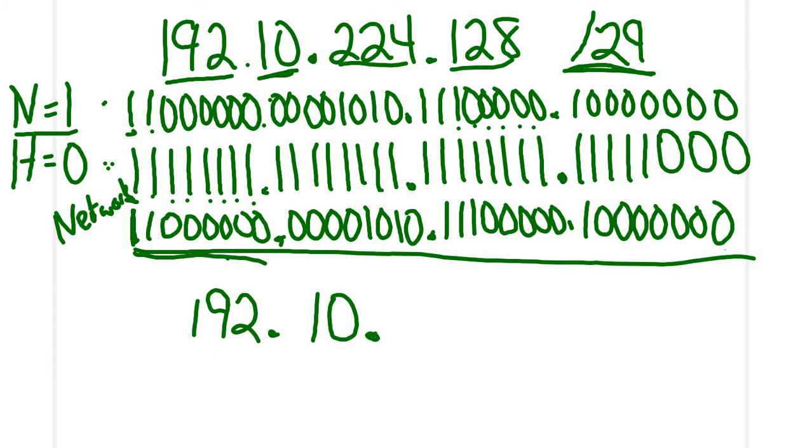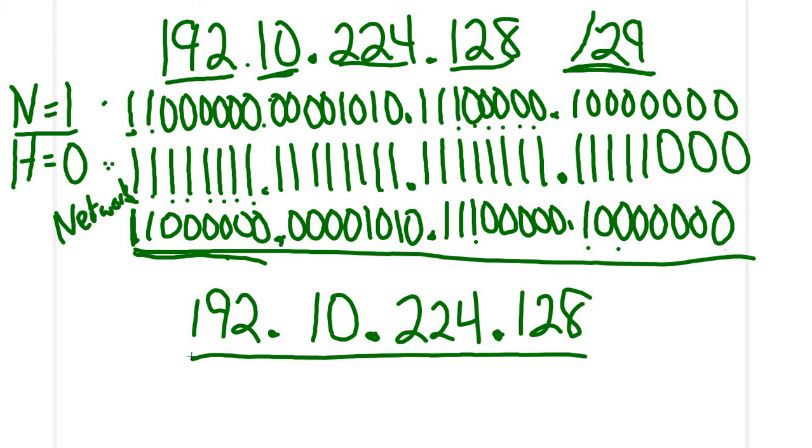Okay, my third octet, I've got 128 plus 64 plus 32, which will give me 224. And then my last octet, I have 128 plus nothing. So that is 128. Okay, so this number right here is my network address.